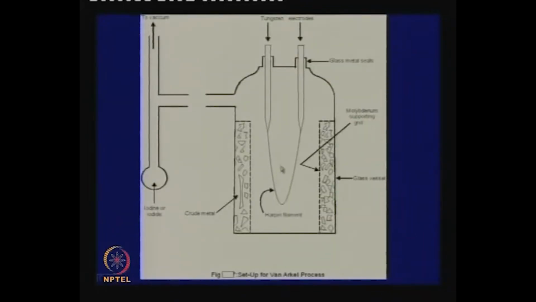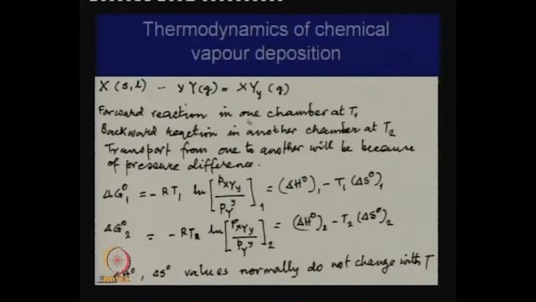Then I discussed, just to show how things are analyzed, a very interesting reaction that goes in the name of the Van Arkel process, or we can also call it a vapor transport process, that we can take an impure metal, make it react with a gas phase to produce a second gas phase at one temperature, then decompose that gas phase at another temperature to produce pure metal.